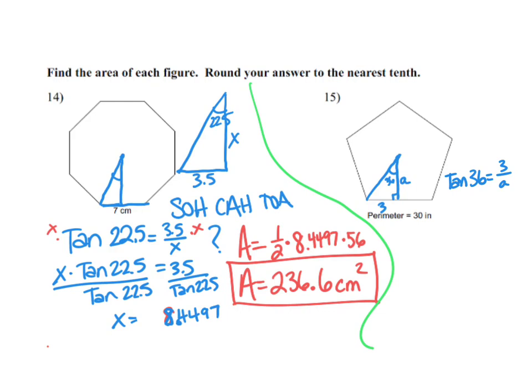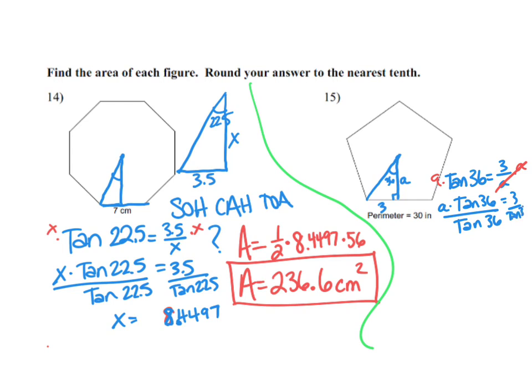Then again, you have to multiply by that denominator to get rid of the fraction. So the A's drop. Then you have A times the tangent of 36 equals 3. Divide by tangent of 36.